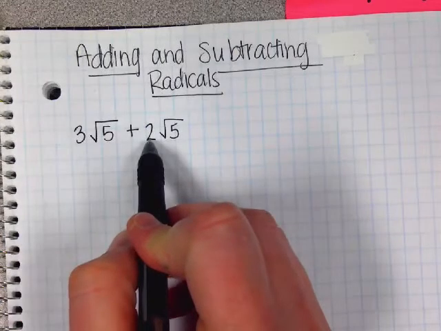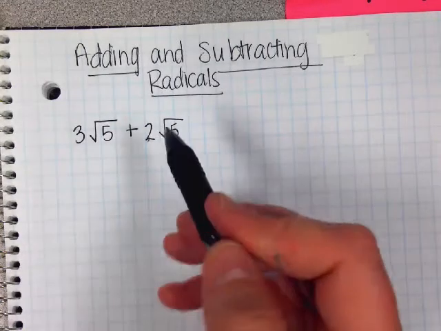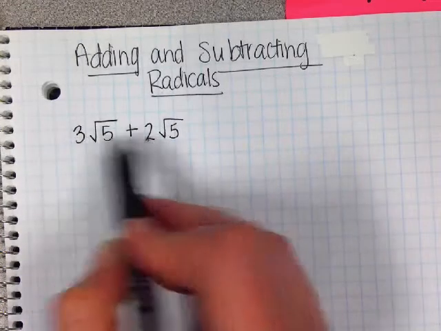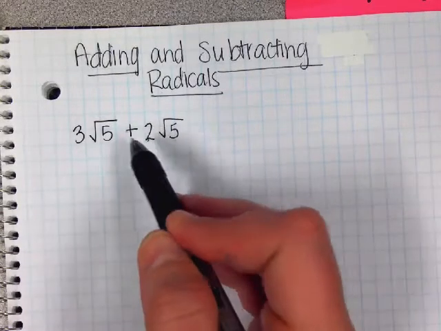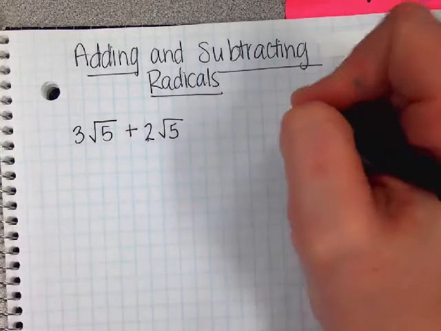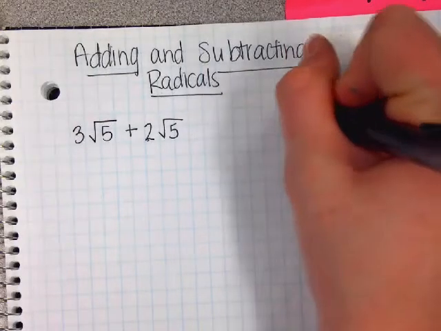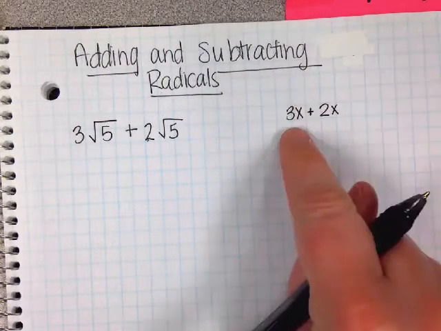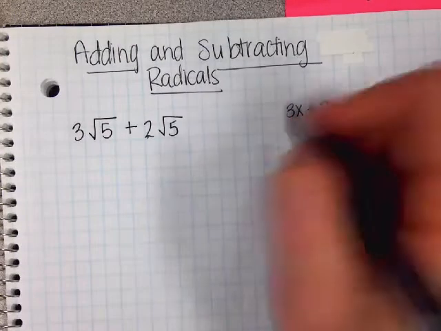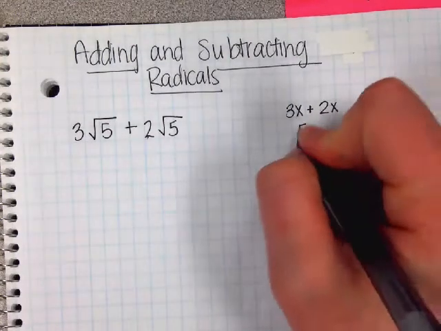Just like when we were simplifying radicals and we ended up with numbers out here, those are coefficients, just like whenever we're talking about 3x and 2x. So if I were to add 3x and 2x, 3 plus 2 is 5.